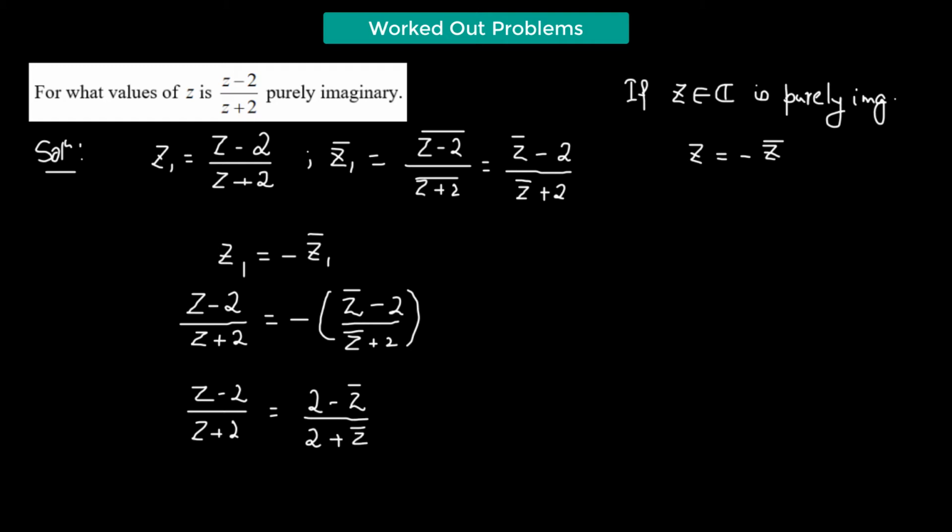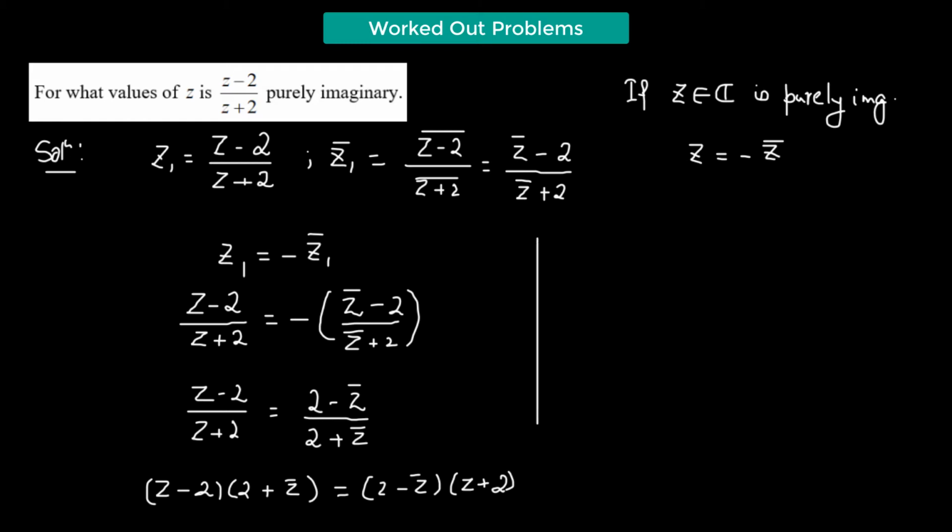Now we're going to cross multiply it, so we'll have (z - 2) multiplied by (2 + z bar) is equal to (2 - z bar) multiplied by (z + 2). So let us find out.